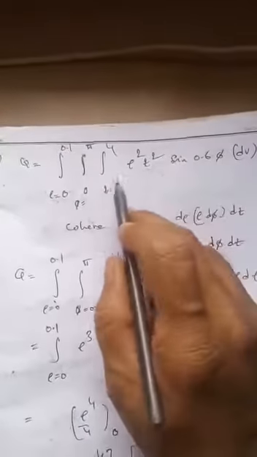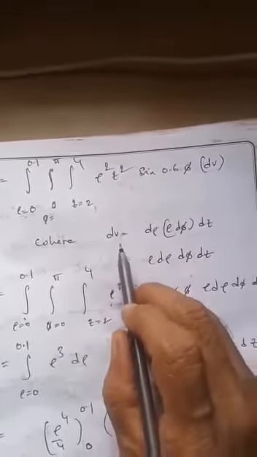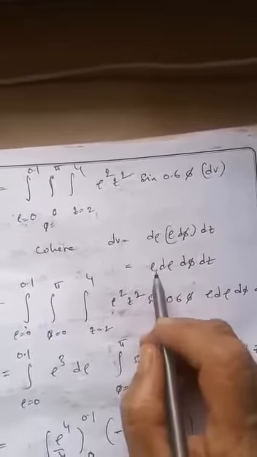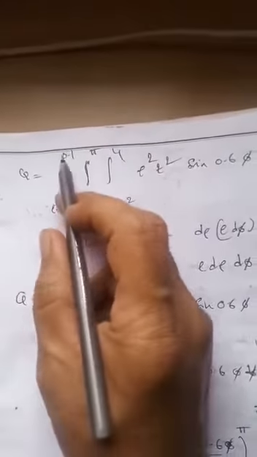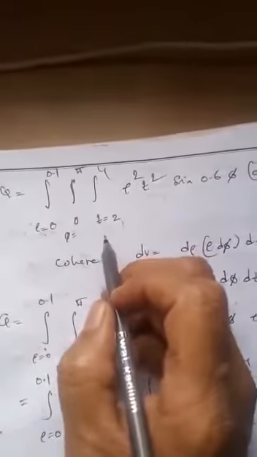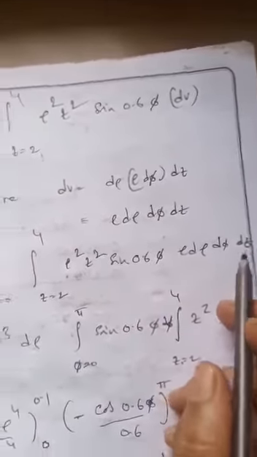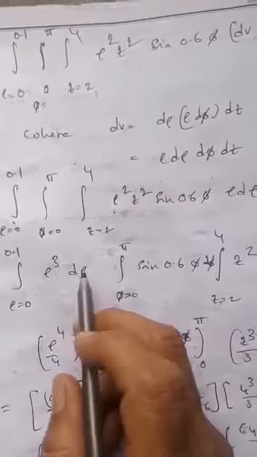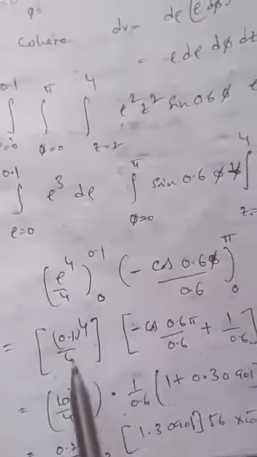The rho v value is given as rho square z square sin 0.6 phi, and dv is equal to rho d rho d phi dz. This is the volume integral. The limits are directly given: 0 to 0.1 for rho, 0 to pi for phi, and z from 2 to 4. Thus we write rho square z square sin 0.6 phi times rho d rho d phi dz. This is a separable method: rho cube d rho, sin 0.6 phi d phi, and z square dz. So this is a very easy problem.